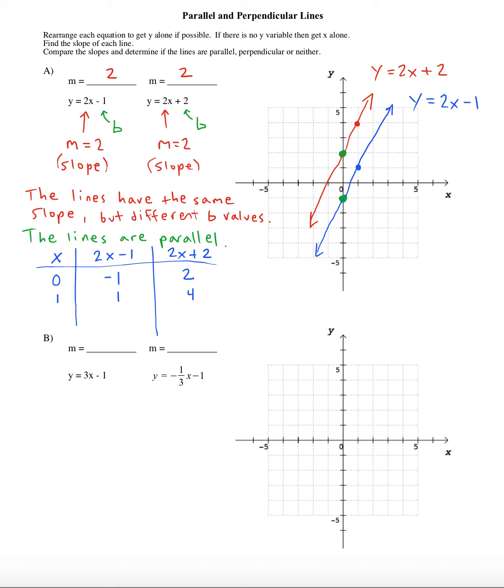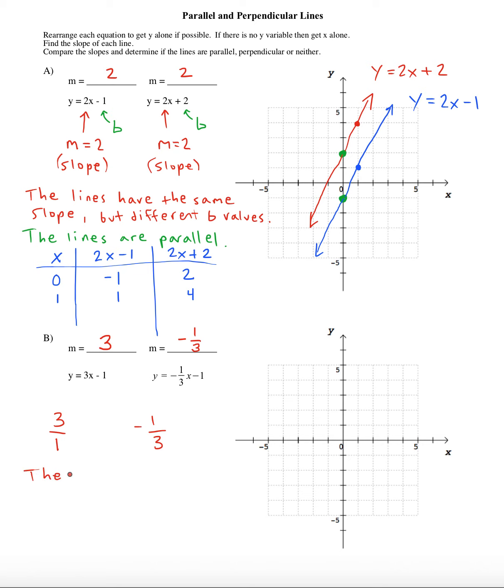All right, in this next one, we see that the m of one of the lines is 3 and the m of the other is -1/3. They're definitely not parallel lines. They don't have the same slope. But do they have negative reciprocal slopes? 3/1 versus -1/3?